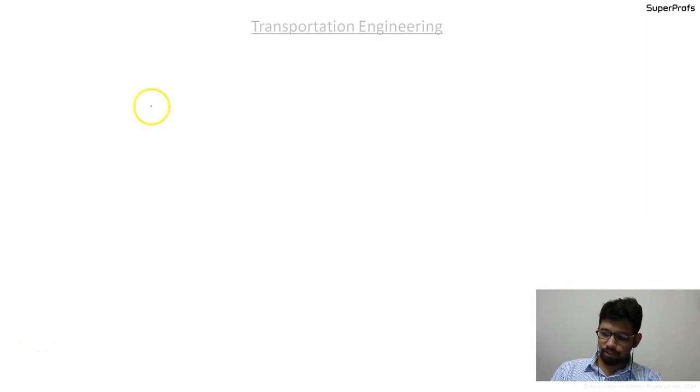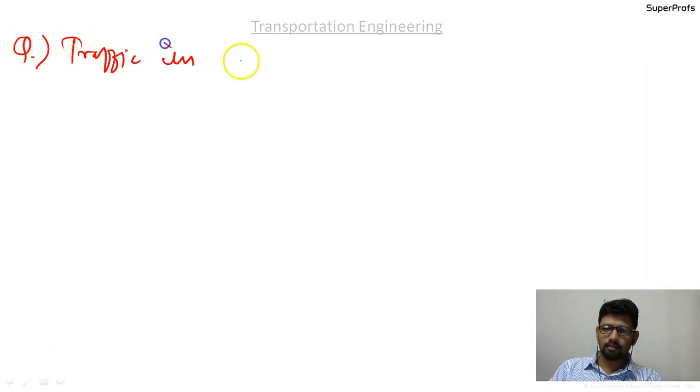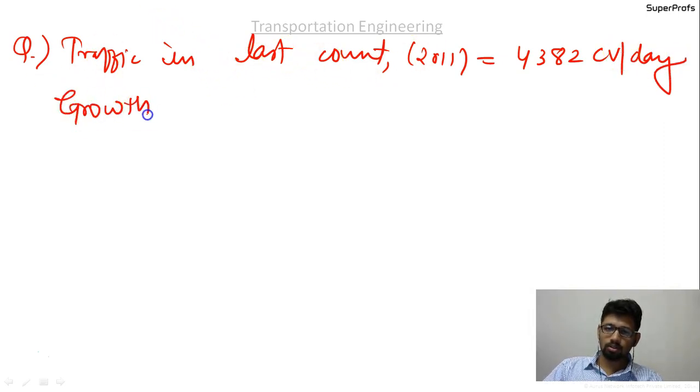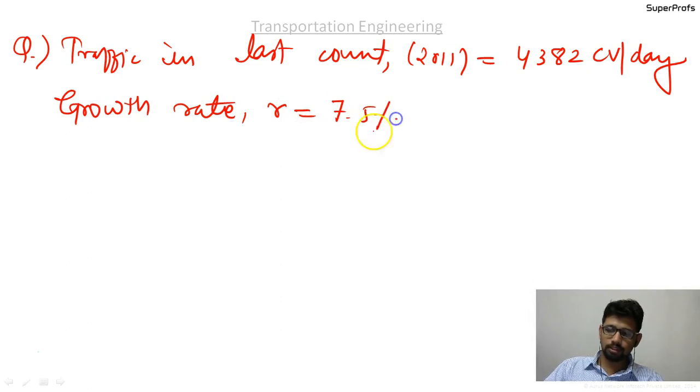The question is: traffic in the last count, 2011, is equal to 4,382 commercial vehicles per day, and the growth rate R is equal to 7.5%.